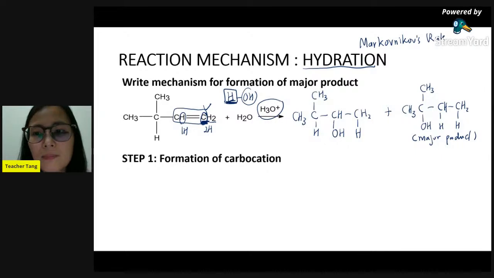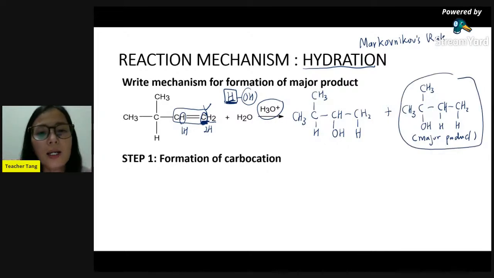So, how to get this? So, kita akan tengok. Okay, it is again due to rearrangement. We will see this in the mechanism.